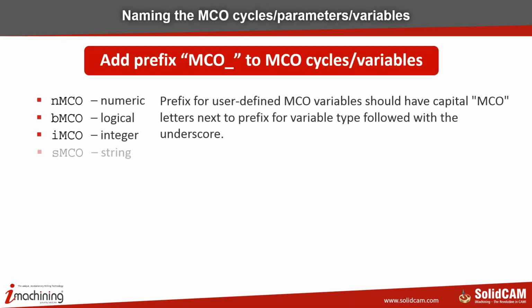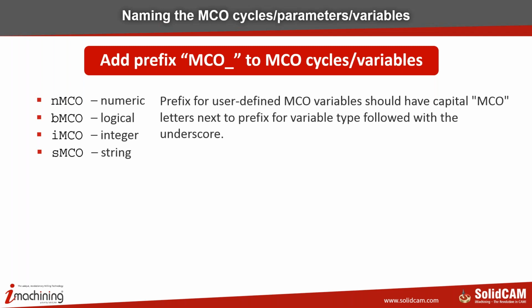Now, something regarding the MCO cycles and variables. I think this is also very good. It happened to me many times that I thought a variable was not used anywhere, but then I realized that this particular variable was actually defined in my VMID or MCO cycle.